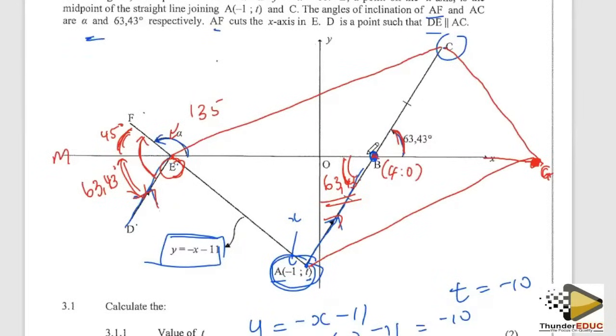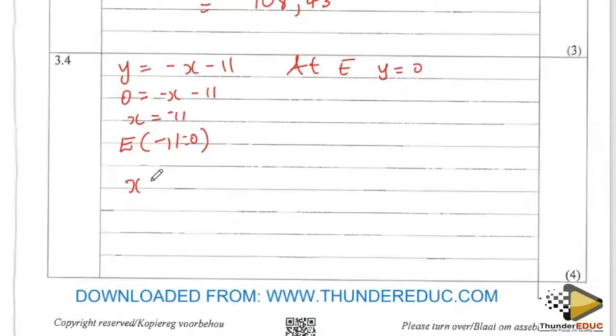Then from the midpoint, remember x1 and x2. So I'm going to call this x1 and y1. Then combine it with the coordinates of E, which are negative 11 and 0. Combine them, and must get a 4 and 0. So I'm going to have x plus the negative 11 over 2, and it's giving me a 4. I'll cross multiply that. So x minus 11 is 4 times 2, which is 8. I'll move the 11 that side.